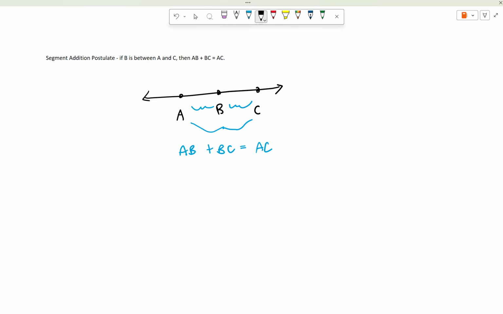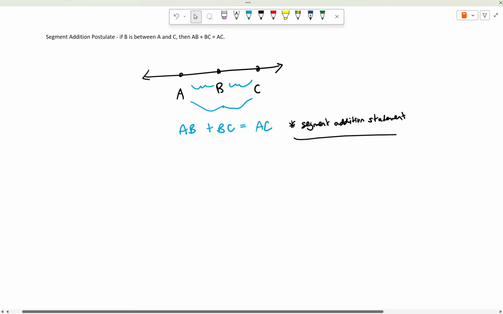This is what I call, and it's very important, I require this. This is the key to success on your next assignment, okay, is that you must provide me for every segment addition problem a segment addition statement. You have to do it, okay? Have to give me a segment addition statement. We are going to do some arithmetic that I'm very confident in your ability to complete. All right? Otherwise, you wouldn't be in a high school geometry course.